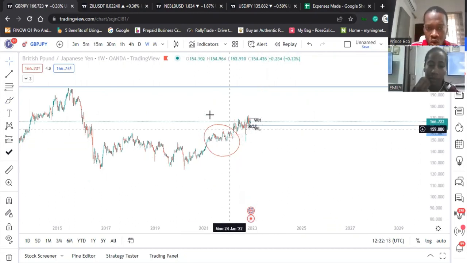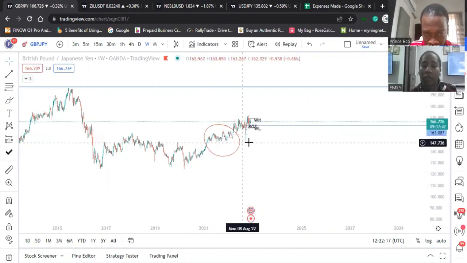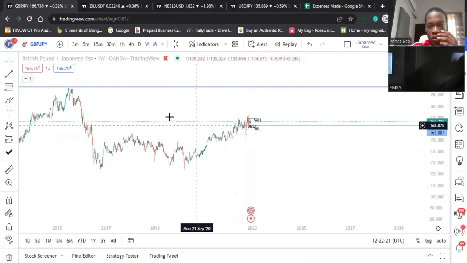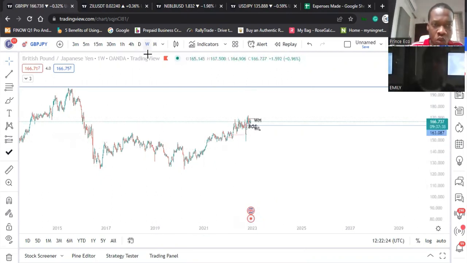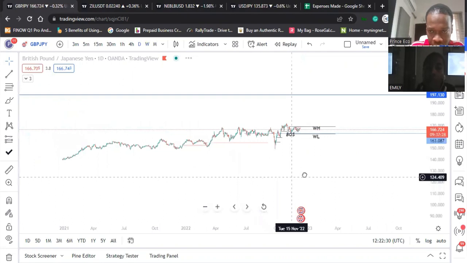So the market came to sweep out this liquidity on this side. That's why you saw this spike here. Now we're on the external structure. Let's go to the daily so we'll see it clearly.